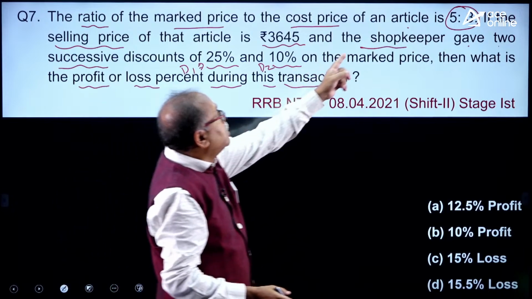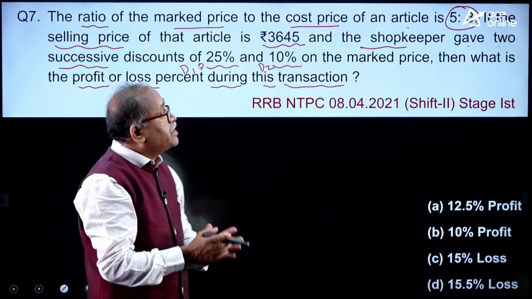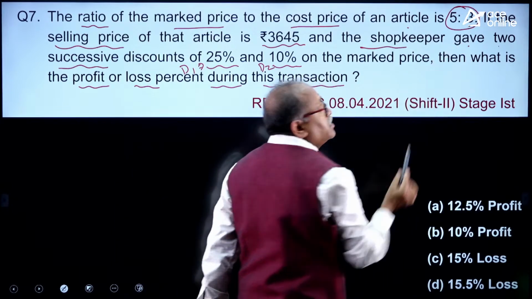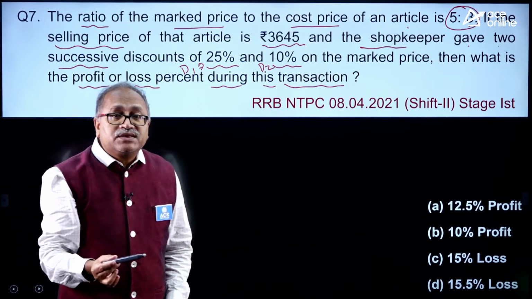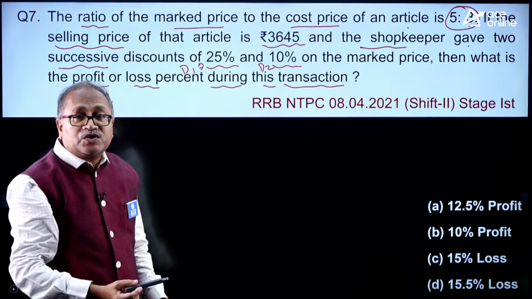So, from mark price I will be getting the selling price, and once I get the selling price, I have the cost price which is 3x, and then I can find out the profit or loss percentage.